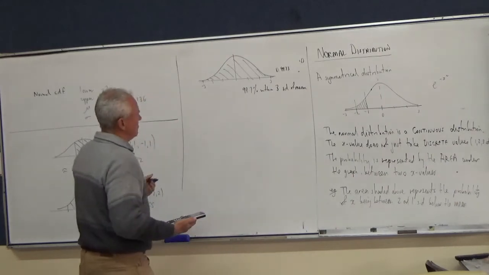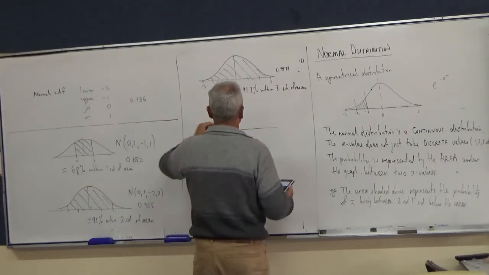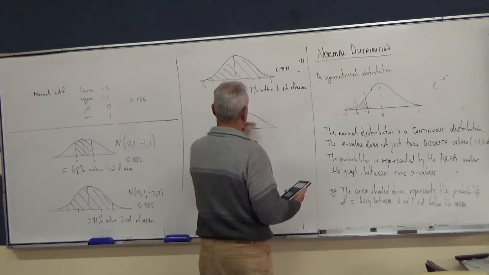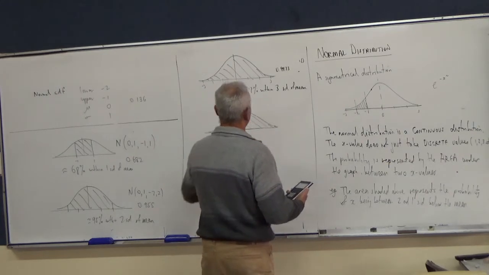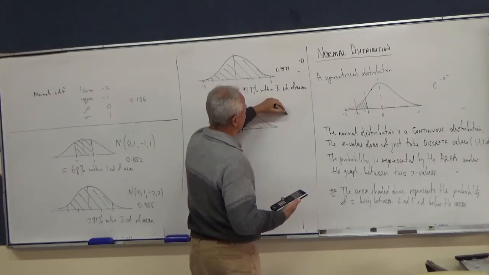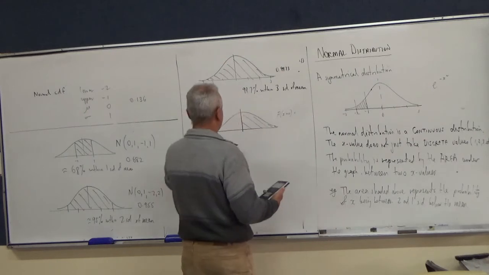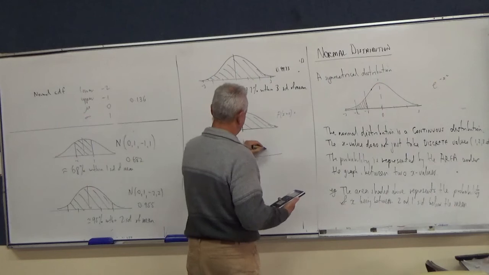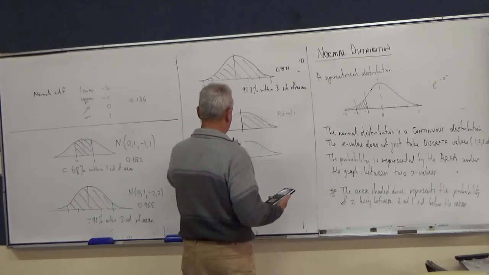Alright, so just looking at other bits, what's the probability that x is greater than 0?